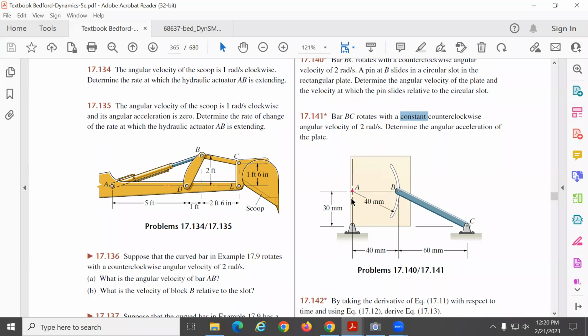We know the velocity of A. You can find A, but first you need to find B. This one is fixed, yes. But is the distance between B and this point fixed? No, so you will have the relative velocity. The relative velocity will be pointing in what direction, up or down?